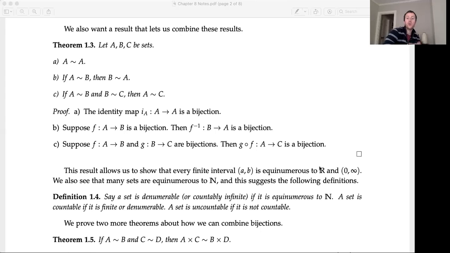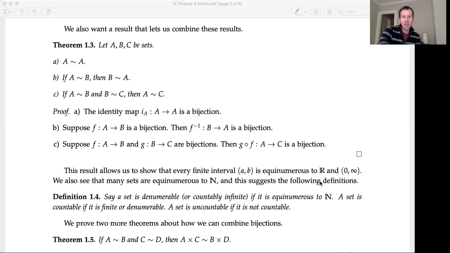I didn't give you a bijection between the natural numbers and real numbers, but that doesn't mean there isn't one. And this is kind of a tough question. How do you say that no matter what function you try, from the natural numbers to the real numbers, you will never find a bijection? So that's kind of difficult.